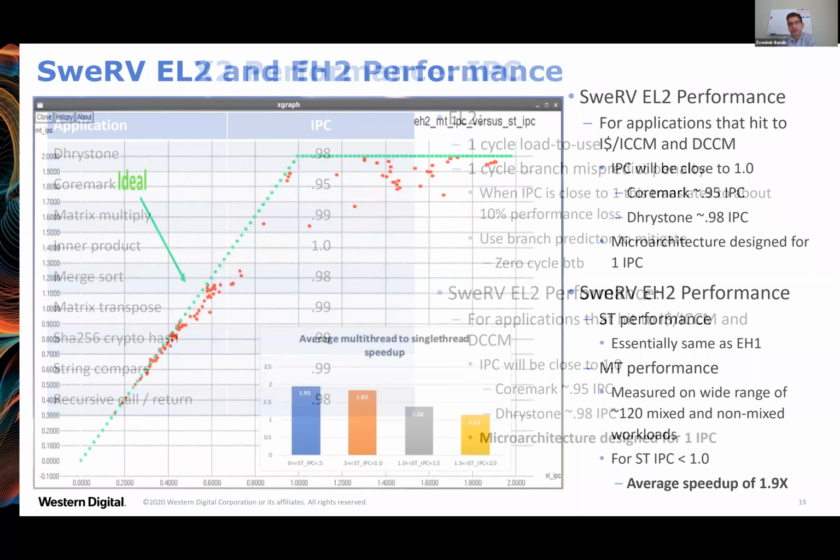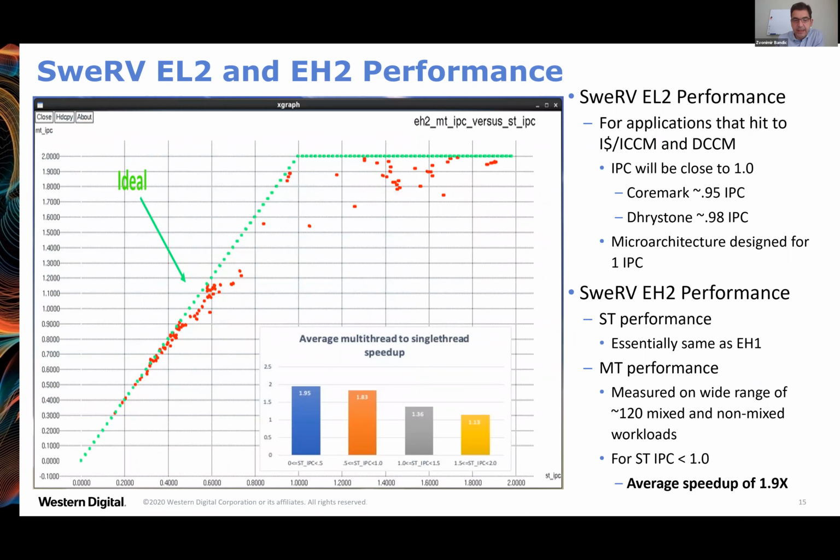This is an interesting chart that tells you a little bit about the breadth of the acceleration that you can get with SWERV EH2. On the x-axis, we put the IPC for single-threaded code execution, and on the y-axis, we put multi-threaded instructions per clock cycle.